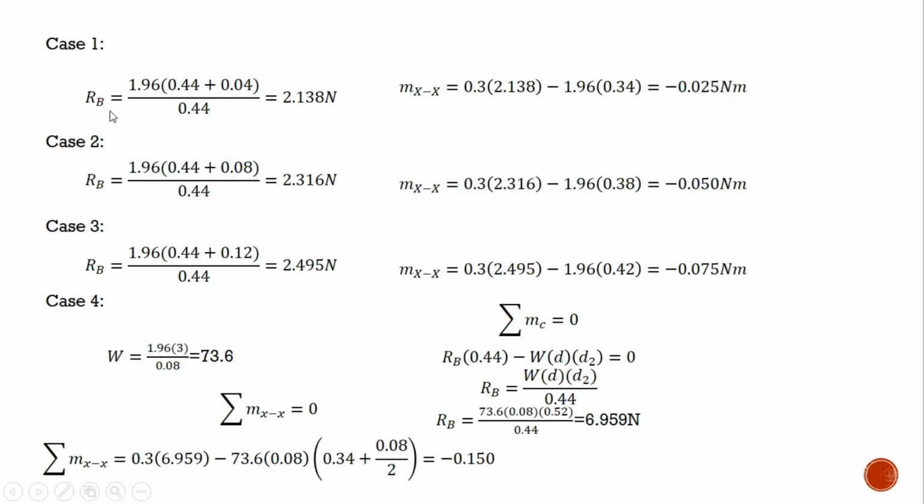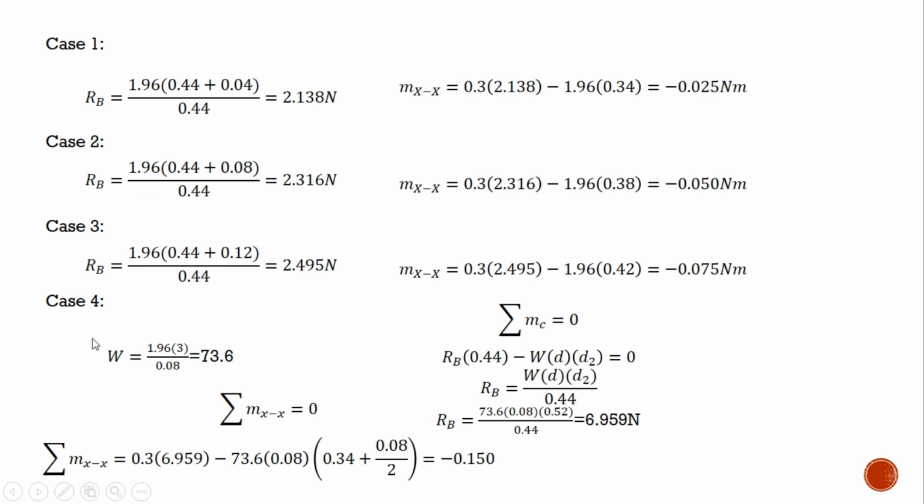For case 1, we insert the values and get 2.138, and then MXX we get negative 0.025. Same for case 2 with the same technique, and we get negative 0.050. For case 3, also the same, until we get negative 0.075.